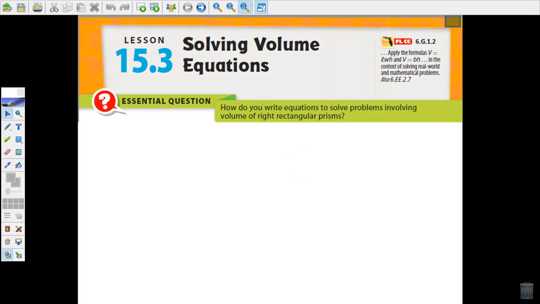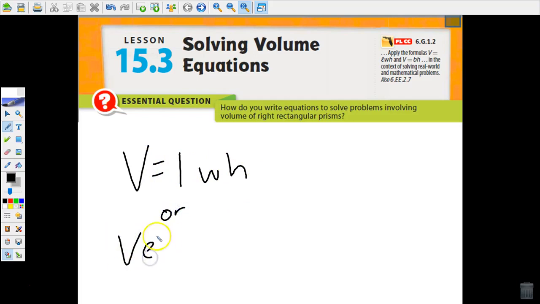Okay? So, last class we went over volume, which was V equals LWH, or V equals big B H, where the big B equals length times width.